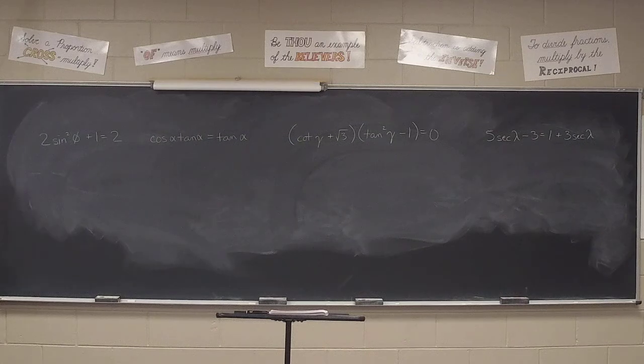We'll be working diligently on these trig equations. Remember, you're solving for all possible answers, so make sure we think through ASTC in our answers as well. Make sure if you take a square root, we put the positive and negative, and things like that. Take a few minutes to work on these, and then we'll go over them together.